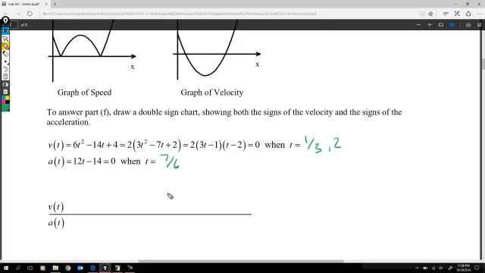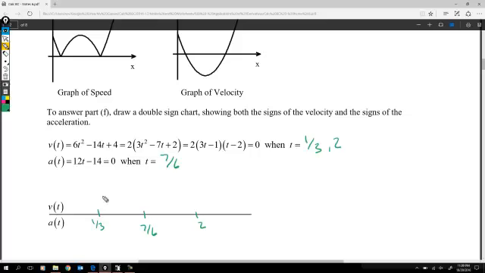Okay, so what I need to do is put all of these values into my number line. Okay, so I have a critical number at 1/3, and then maybe an inflection point at 7/6, and then a critical point at 2.